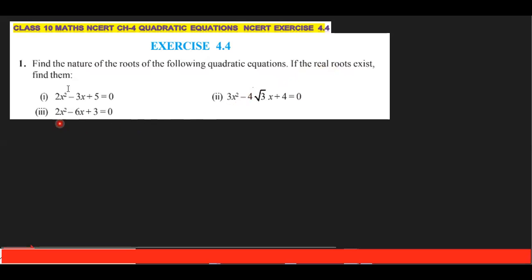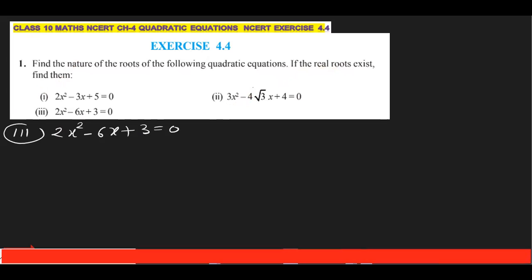A third part of it, that is 2x square minus 6x plus 3 is equal to 0.